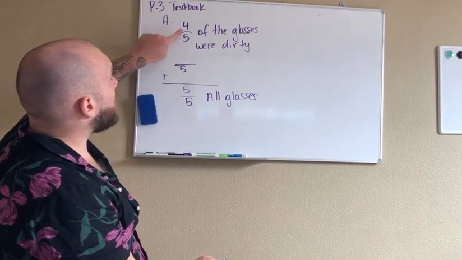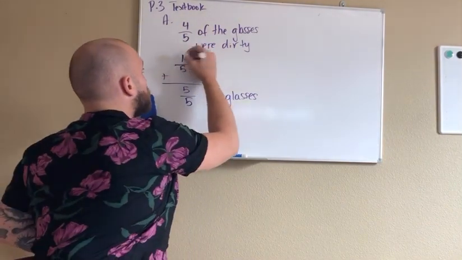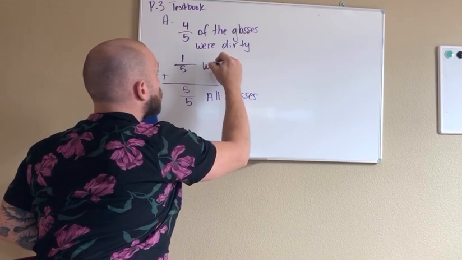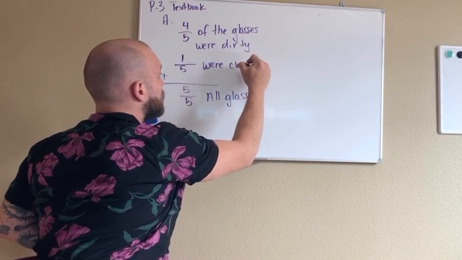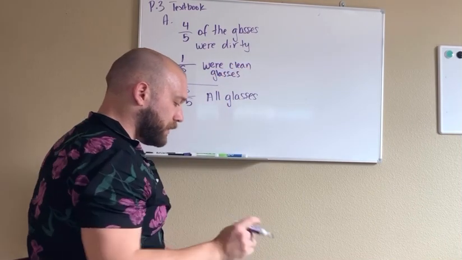So if I have 4 out of my 5 here, I'm going to have 1 out of 5 here because it's what's left over. So we're clean glasses. That's how you need to solve this.